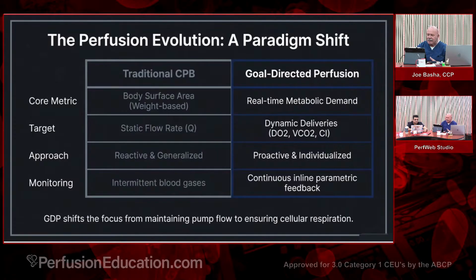You should have dynamic deliveries of DO2 and measure your VCO2 and your cardiac index, proactive and individualized, as far as what this patient needs, not what the numbers say that a patient needs.